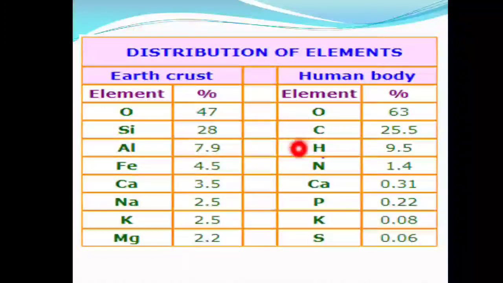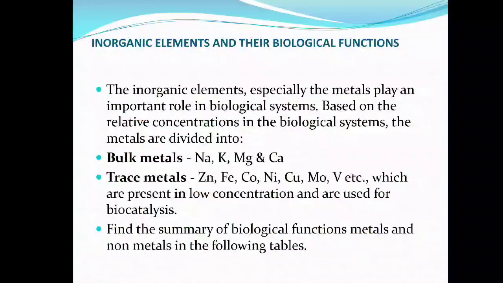The aluminum percentage in the biological system is negligible, and these are the percentages of the metals in the earth crust, but those percentages are not in this list. Okay, so here you can say elements like nitrogen, potassium, and sulfur all differ in their percentage in the biological system.